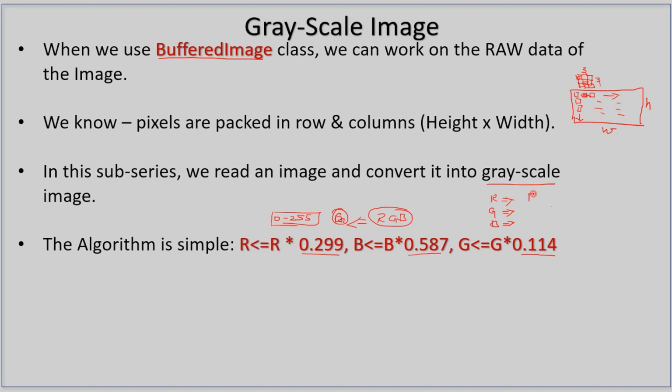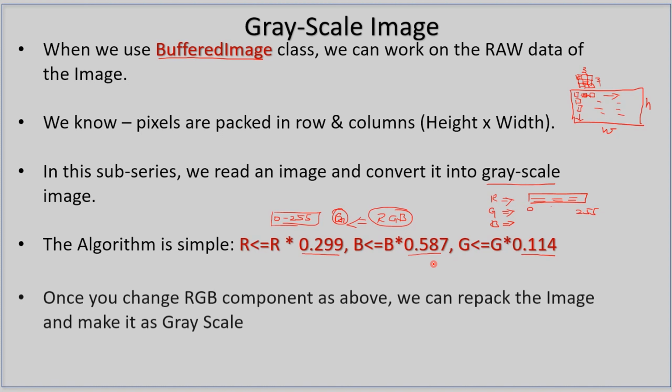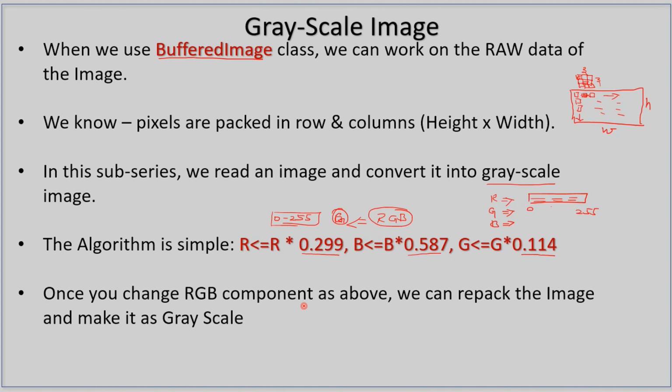Grayscale in the sense it varies from 0 to 255, and we will see what happens when we set the same value for the RGB components towards the end of this video. Once you change the RGB components as above, we can repack the image and make it a grayscale.